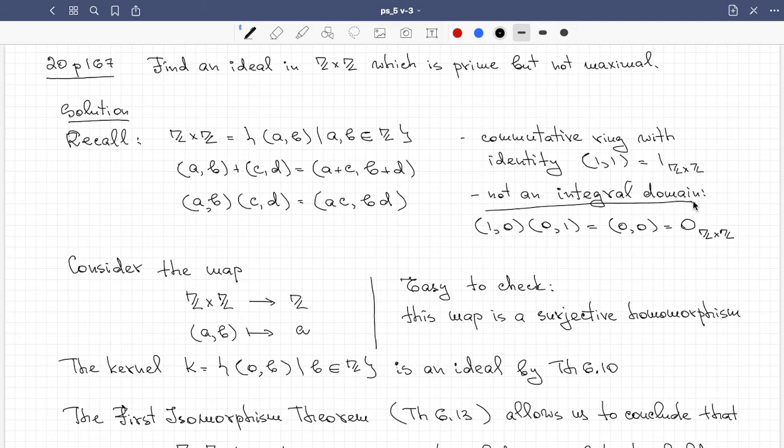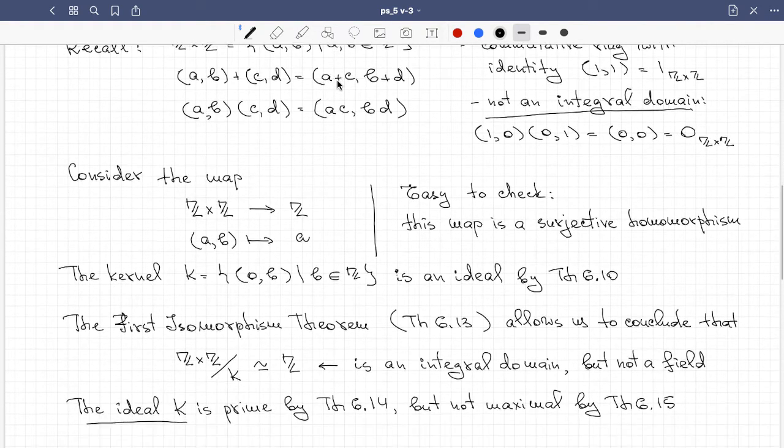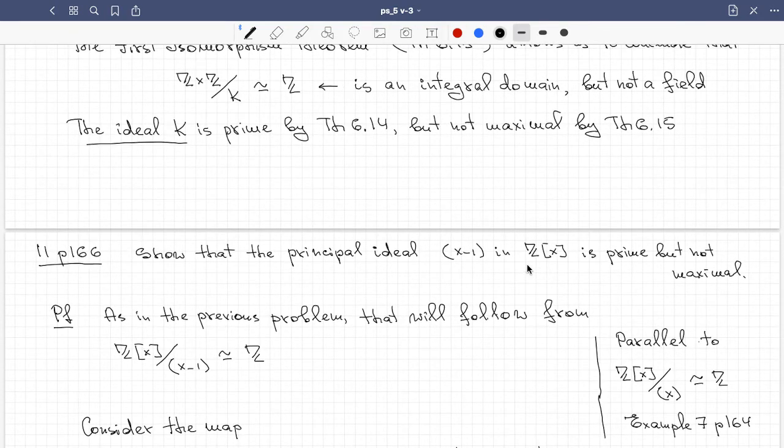So the question was, is it important or not? We found an ideal which is prime but not maximal in a ring which is not an integral domain. Now we have an integral domain, where we have an ideal, again, prime but not maximal. So it is, in a sense, a better example.